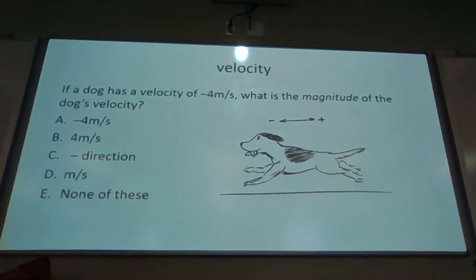So in this case, the magnitude of velocity is speed. Velocity is speed and the direction. The magnitude of displacement is distance in a lot of ways. So when we say the magnitude, that's just the absolute value of that measurement. You okay with that?